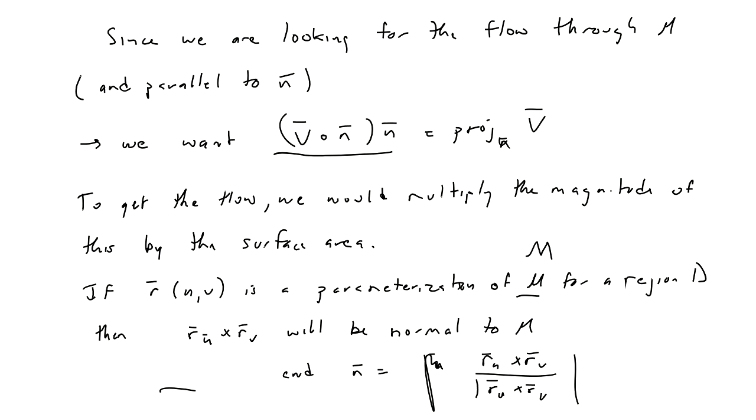Of course, it's going to be hard for you to write, but it's the integral of the length of the cross product. So here our normal vector is this.